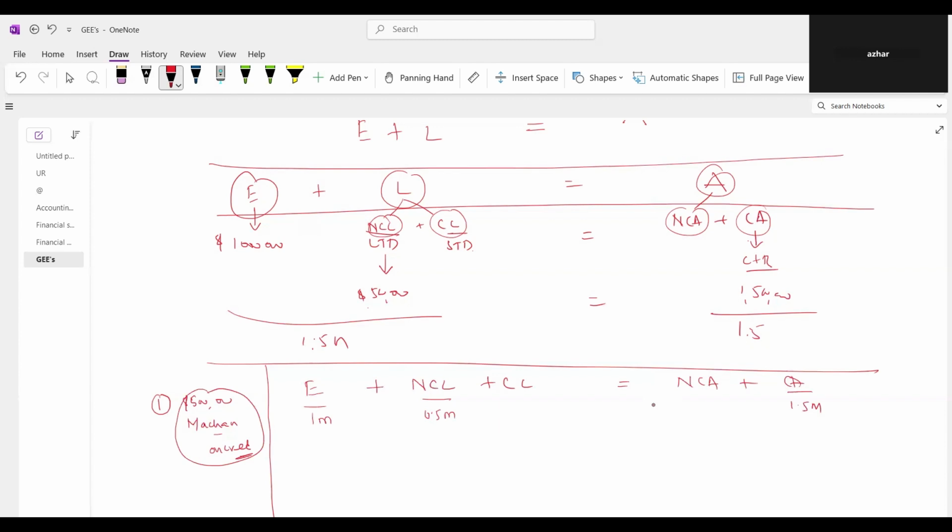Sir, we are purchasing the machinery, so the asset is increasing. Correct. Which asset, non-current or current? Non-current. Excellent. Non-current asset of 0.5 million in the form of machinery.